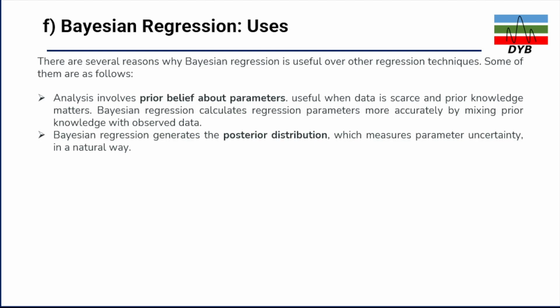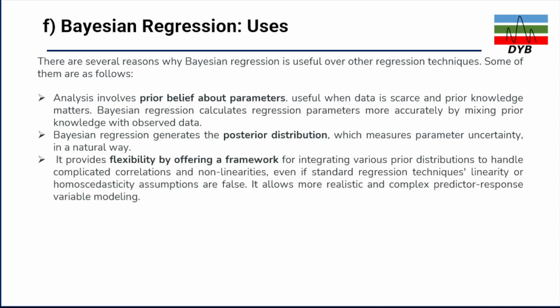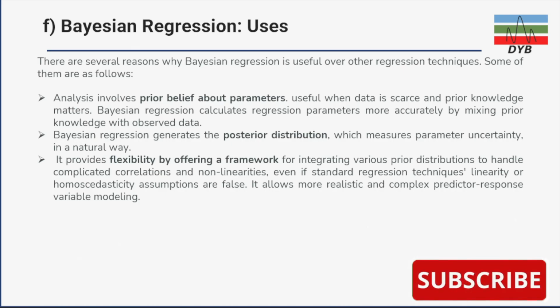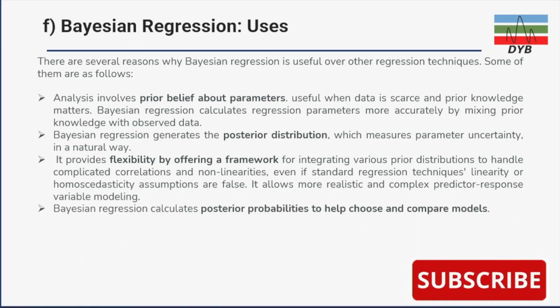Also, Bayesian regression generates the posterior distribution, which measures the parameter uncertainty in a natural way. It also provides flexibility by offering a framework for integrating various prior distributions and handling complicated correlation or nonlinearity, even if standard regression assumptions such as linearity are false, and it allows more realistic and complex modeling of predictor and response variables.